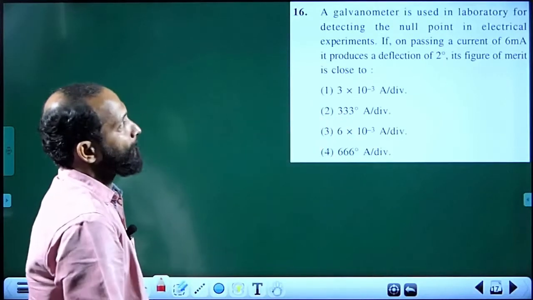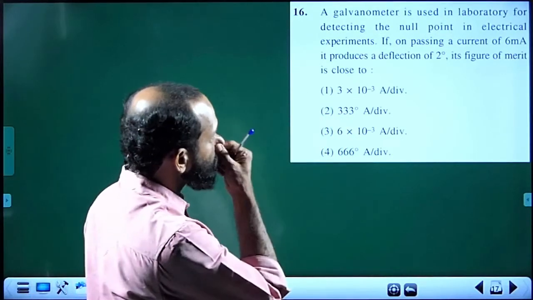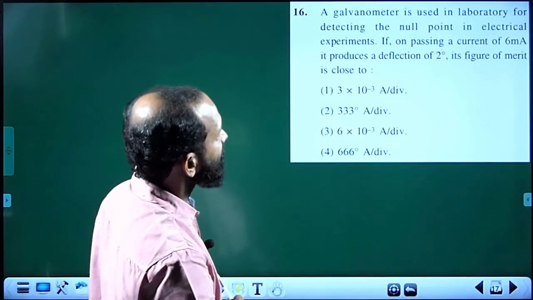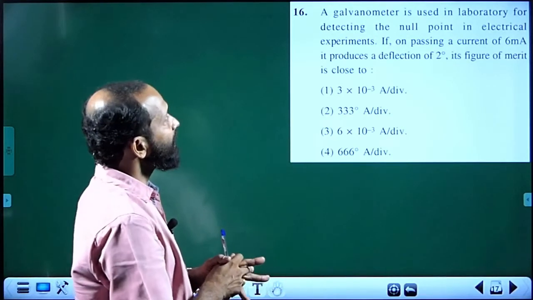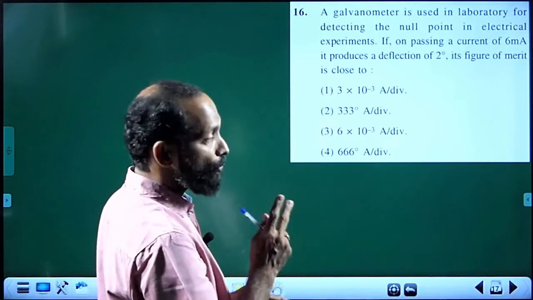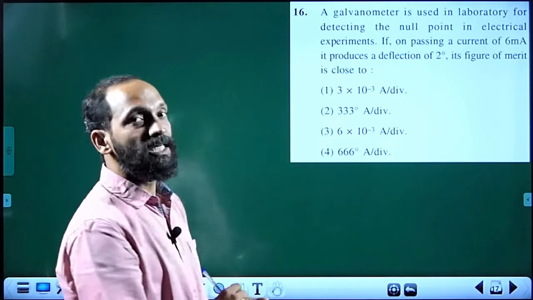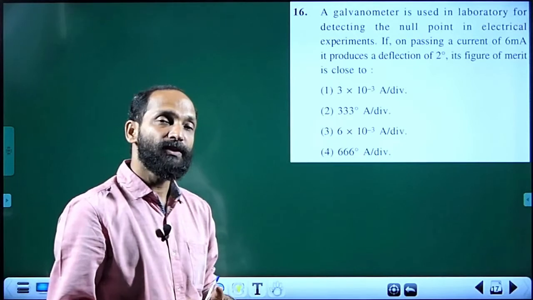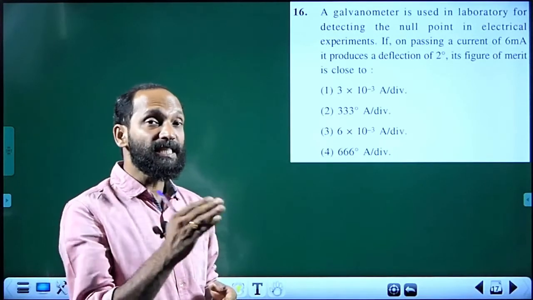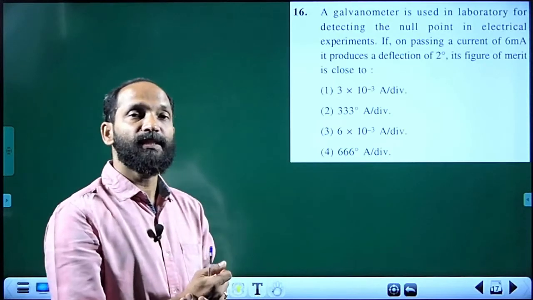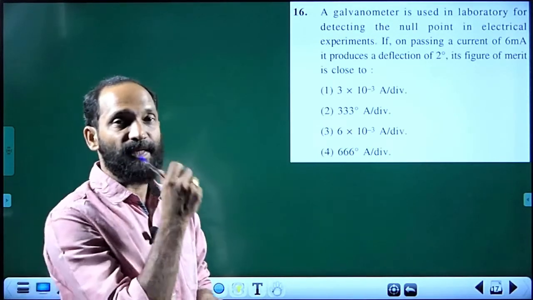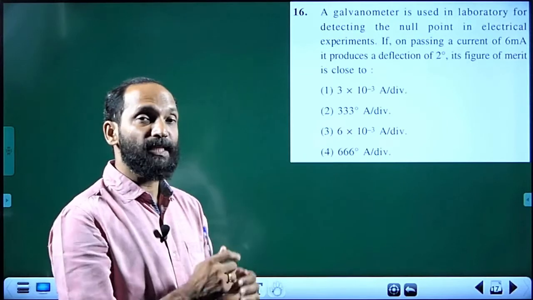Next, a galvanometer is used in laboratory for detecting the null point in electrical experiments. If on passing a current of 6 milliampere, it produces a deflection of 2 degree, then the figure of merit. Figure of merit is the reciprocal of current sensitivity of a galvanometer. Current sensitivity means deflection per unit current.